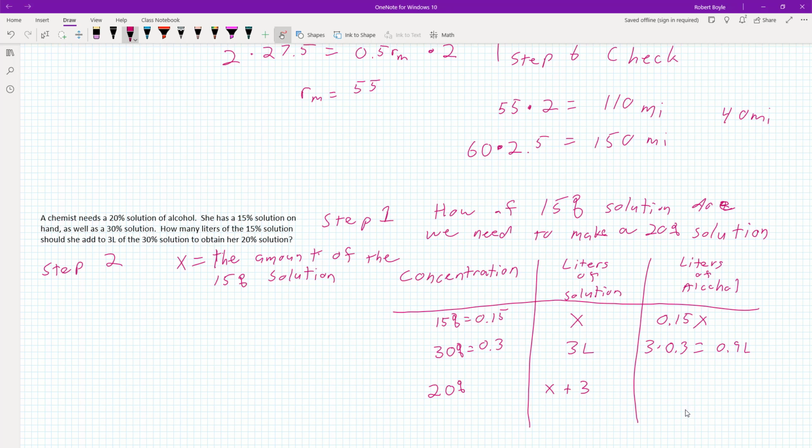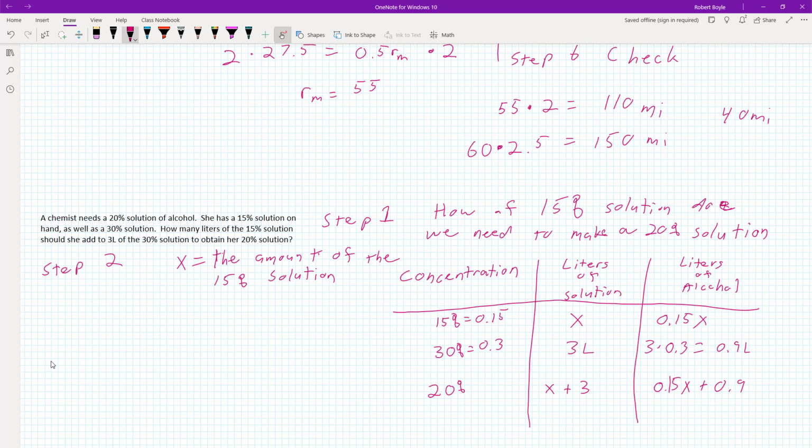And how much pure alcohol will we have? We will have 0.15x plus 0.9 liters of pure alcohol. So this is how much alcohol we're going to have, and we want this to be equal to 20% of the alcohol in here.